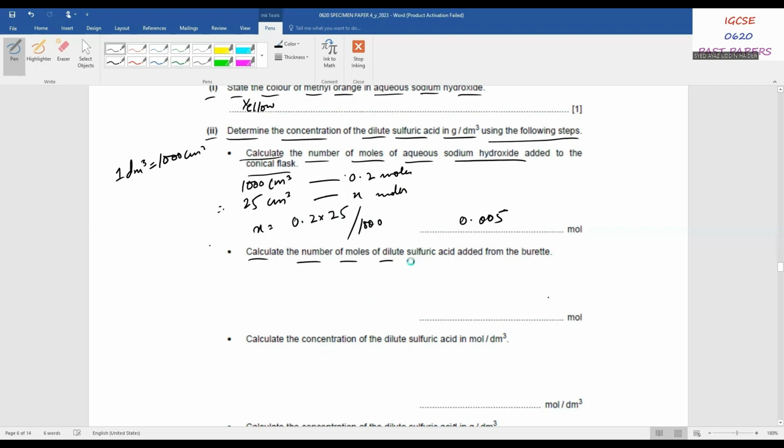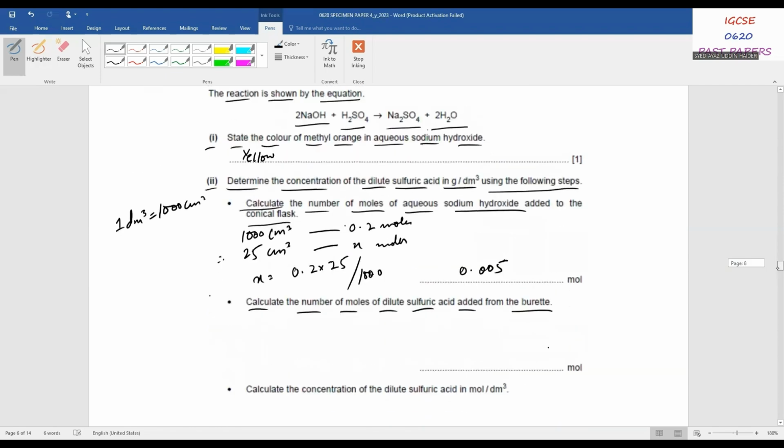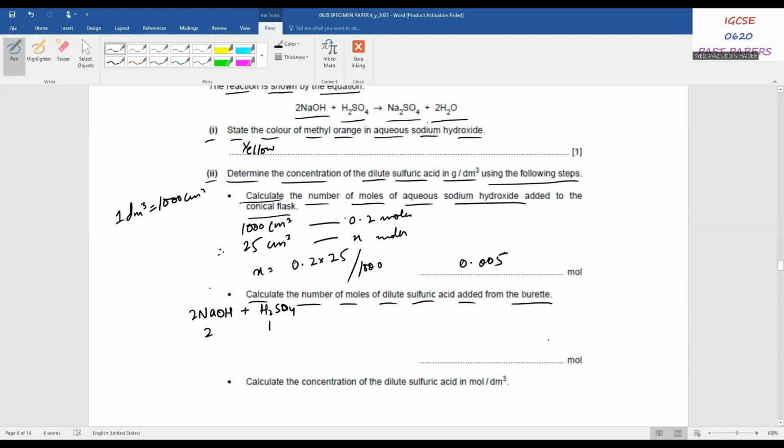Calculate the number of moles of dilute sulfuric acid added from the burette. Now you'll write the reaction equation here. Here's the equation. 2NaOH + H2SO4. We know the number of moles of sulfuric acid is 1 and sodium hydroxide is 2.